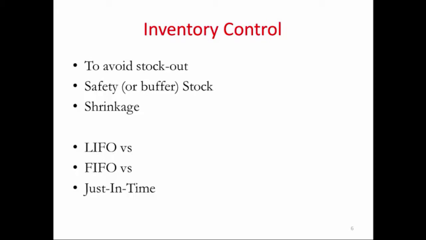Let's say you were expecting to make 1,000 shoes, but due to some problems, you were able to make only 950 shoes. This is called shrinkage. Product shrinkage can arise from shoplifting, employee theft, paperwork errors, or supplier fraud.